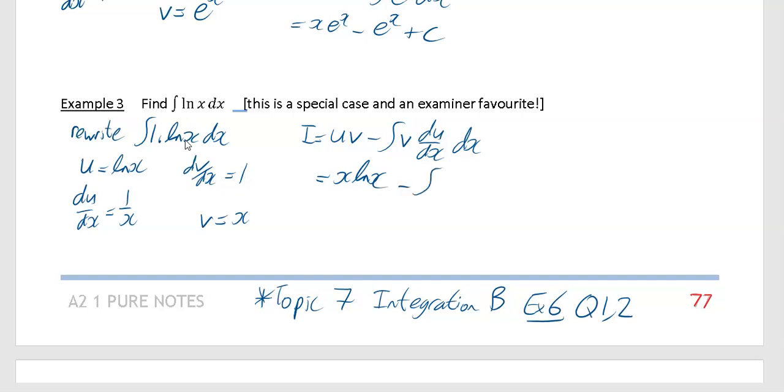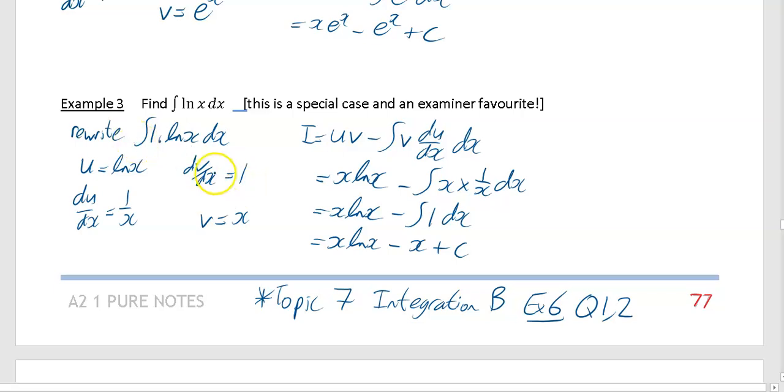Then minus the integral, my v is x, my du by dx is 1 over x, and then we can go on with this. So that's going to be x ln x minus x times 1 over x is just going to be 1. So that's 1 integrated with respect to x. And if you do your final integration, you're going to get minus x and then plus your constant of integration, c. And that is it.